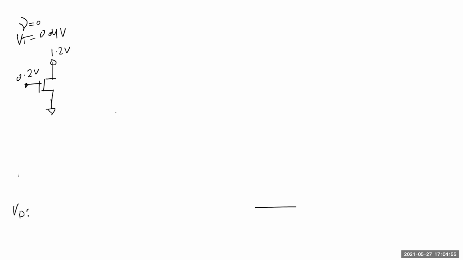Both VDS and what else? And the source voltage and the drain voltage should be less than the gate voltage. Okay, but the source voltage is 0, so which means VD should be less than VG. Yes. Okay.